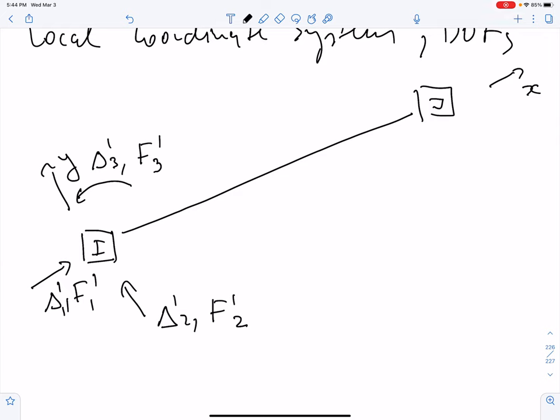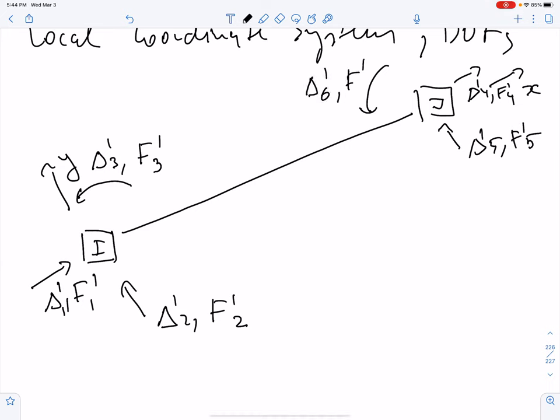Likewise, delta prime 4, F prime 4 is the axial displacement and force. Delta prime 5, F prime 5 is the corresponding vertical case in the local coordinate system. And finally, the rotation and moment are denoted by delta prime 6, F prime 6.